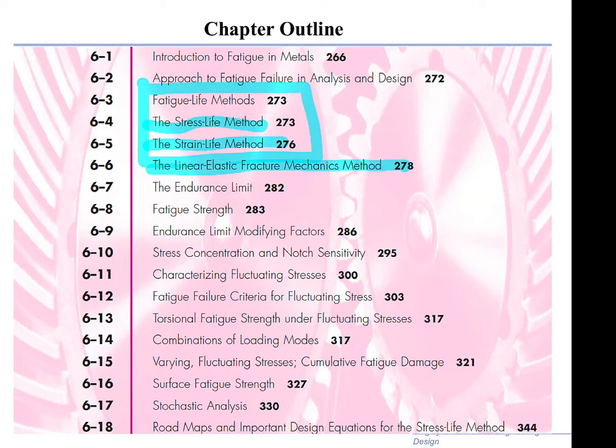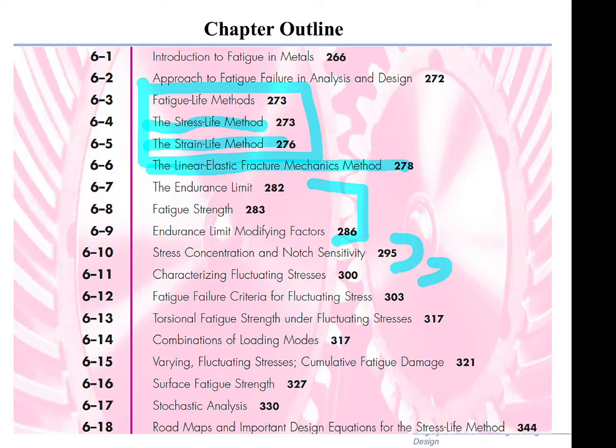Then we would move on to talk about qualitative aspects of fatigue, such as endurance limit and the modifying factors that are used in practice, discuss the importance of stress concentrations, and then how to deal with fluctuating stresses, and how to classify the different levels of fluctuations.